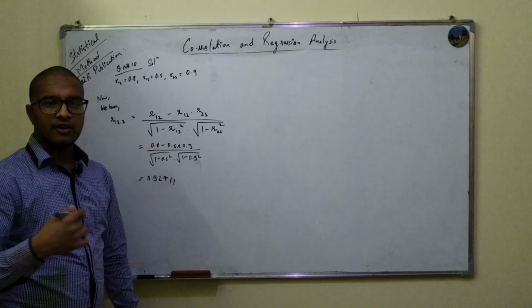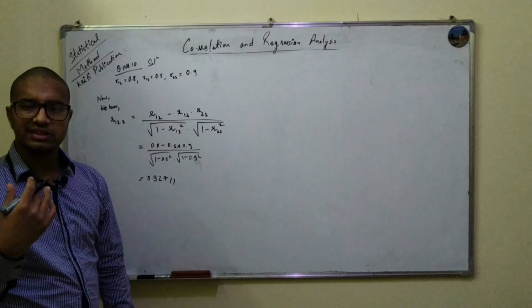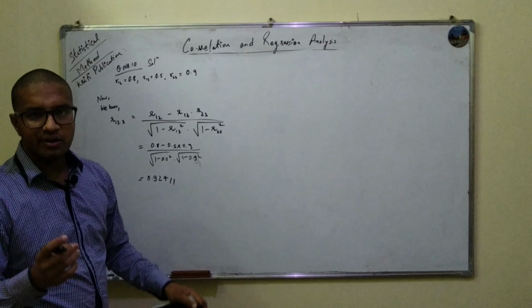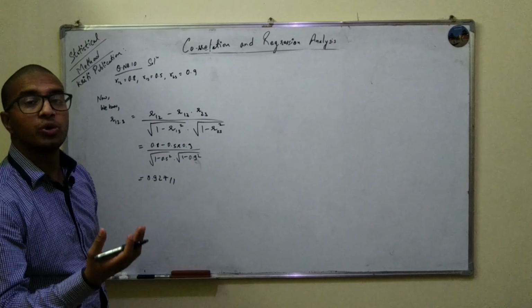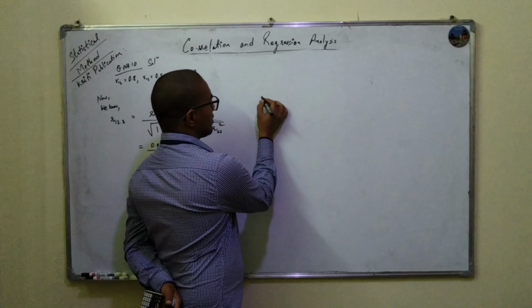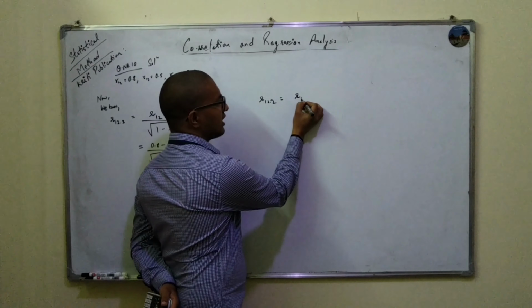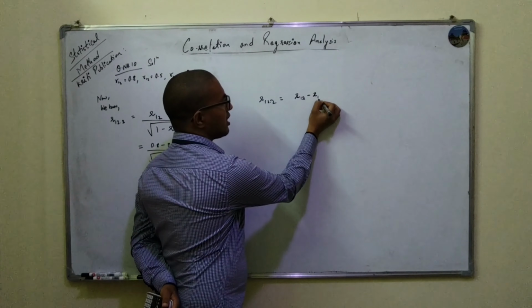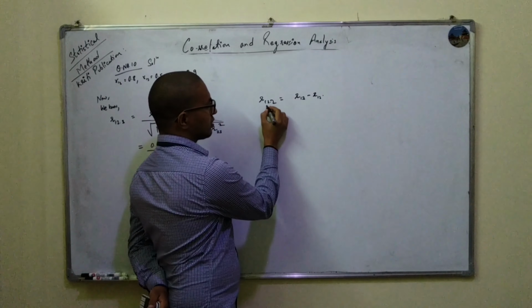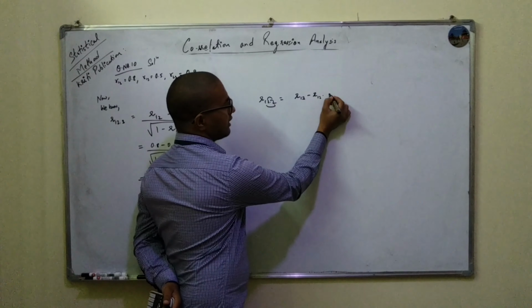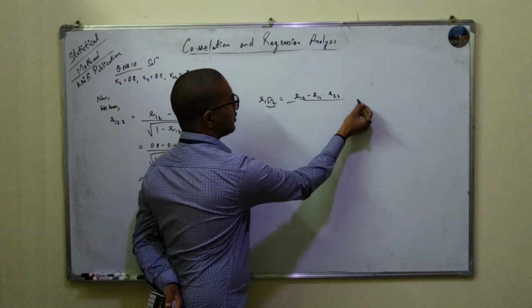Now if you're solving for something else, let's say R13.2, let's look at that as well. Your formula is R13 minus R12 into R23.